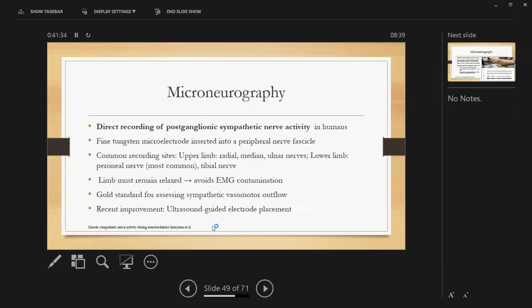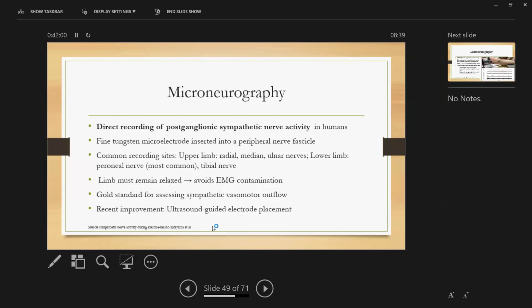We insert a tungsten microelectrode into the peripheral nerve fascicle and check the vasomotor tone, that is, of the blood vessels. We selectively test the nerves supplying the blood vessels. So mainly we are checking peripheral postganglionic sympathetic vasomotor tone here.